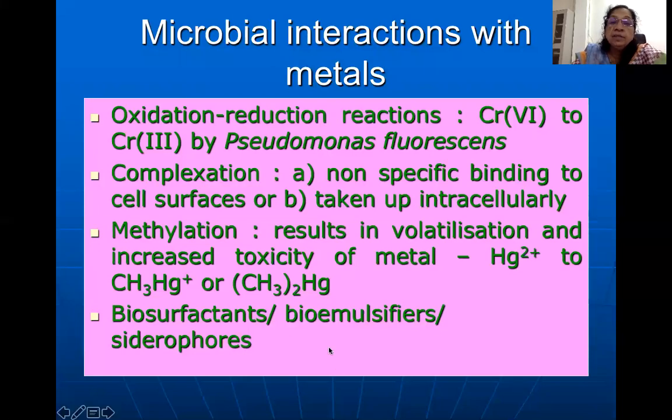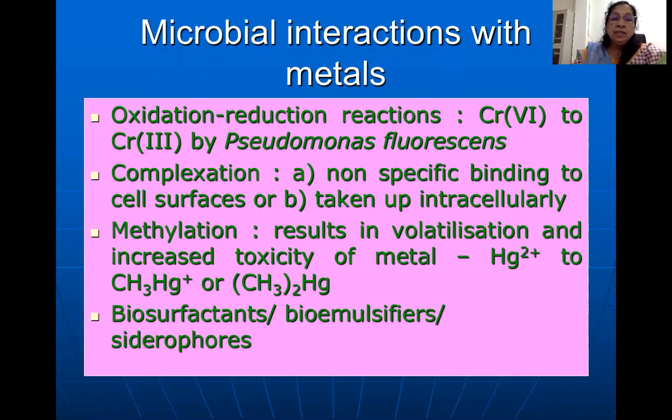Then methylation results in volatilization and increased toxicity of the metal. We have heard of the Minamata incident where the mercury was converted to methyl mercury. That becomes more toxic. That is, it is capable of bioconcentration and of transferring from one trophic level of the food chain to the other. That is called biomagnification. So sometimes it increases the toxicity also.